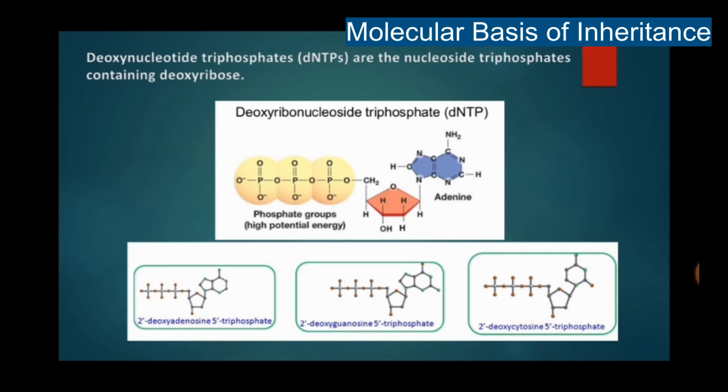Same with cytosine, it will become deoxycytidine triphosphate. Similarly, it can be thymidine triphosphate as well. So depending upon the base, the structure will change. And these molecules act as high energy molecules, storing a lot of energy in their triphosphate bonds, and they provide the energy for the entire DNA replication process.